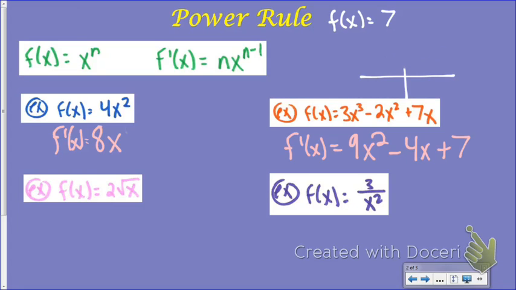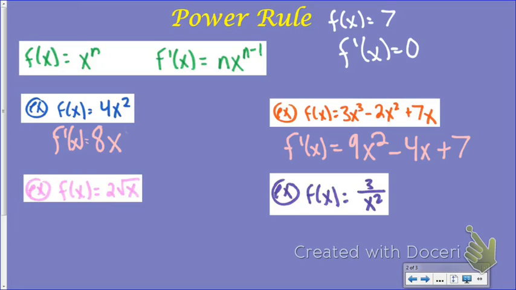It doesn't matter where that horizontal line is. Anywhere I have a horizontal line, I'm going to have the same horizontal tangent slope, which is 0. So any constant function is going to have a derivative of 0.